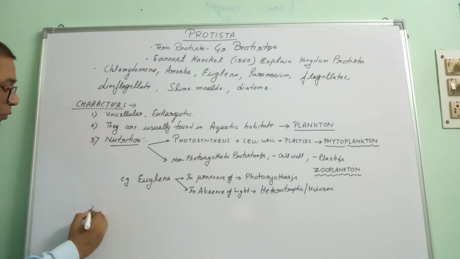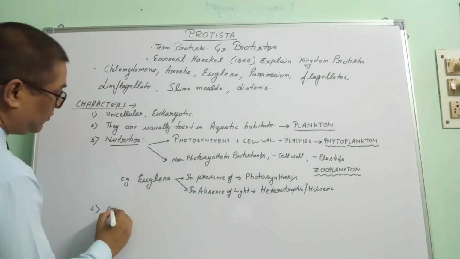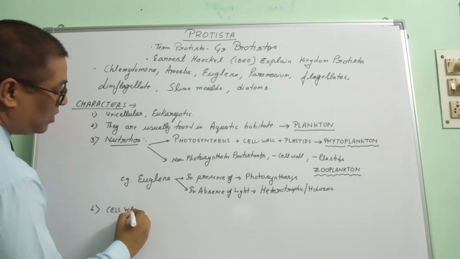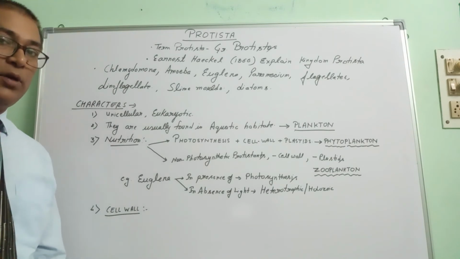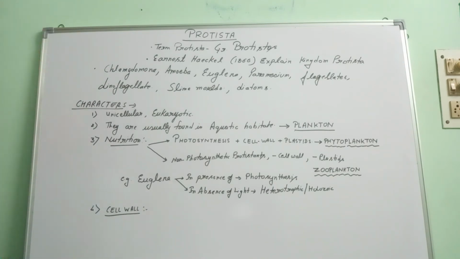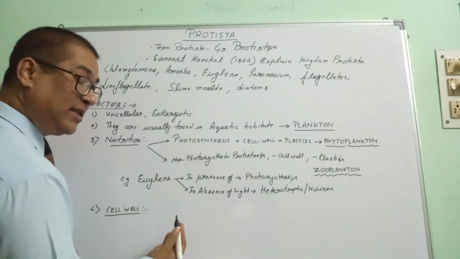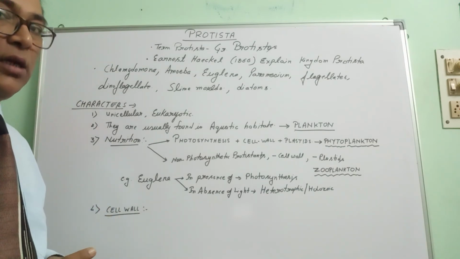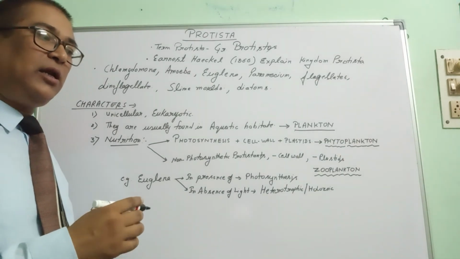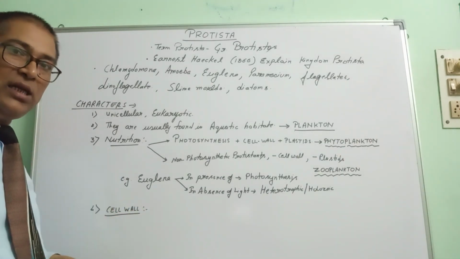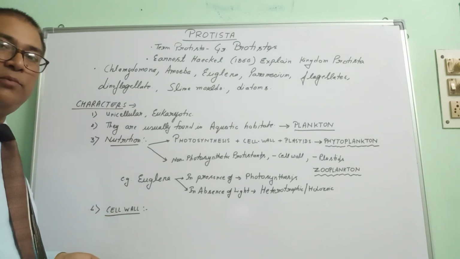Now the fourth point regarding the protistans, that is the cell wall. In the monerans the cell wall consists of peptidoglycan in bacteria or some other substances which form a cell wall around the body.